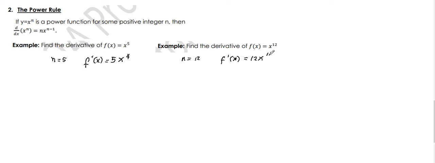So that would become 11. So our derivative here is 12x raised to 11. Again, ganyan lang po kasimple yung pagkuha ng power rule. Yung power natin, isusulat lang natin sa baba, and then babawasan natin ng isa para sa power ng ating pong base. Okay? So, ganoon lang siya.